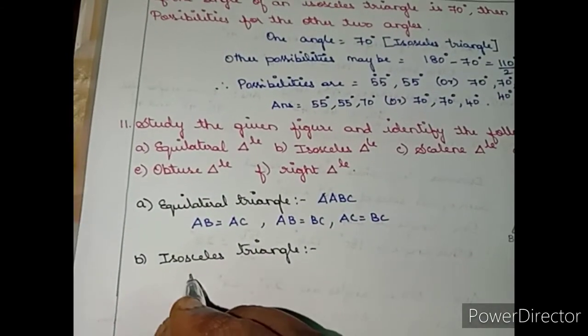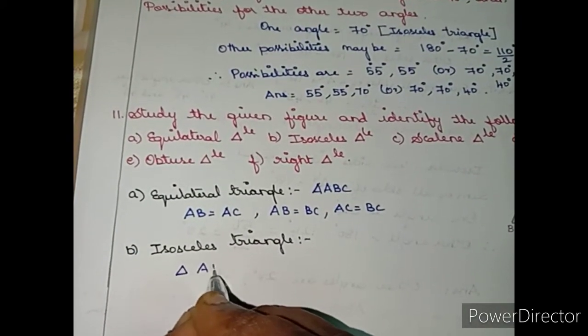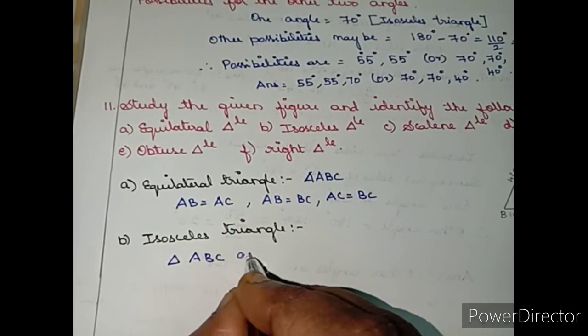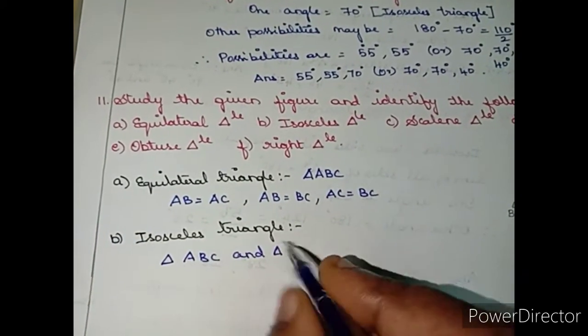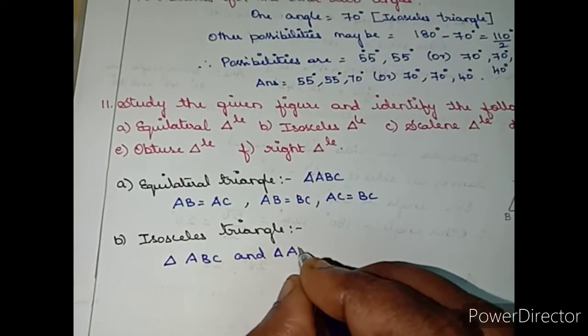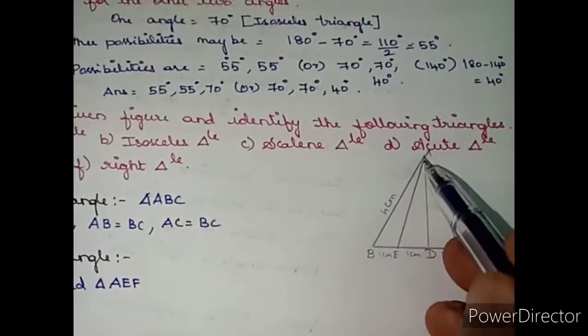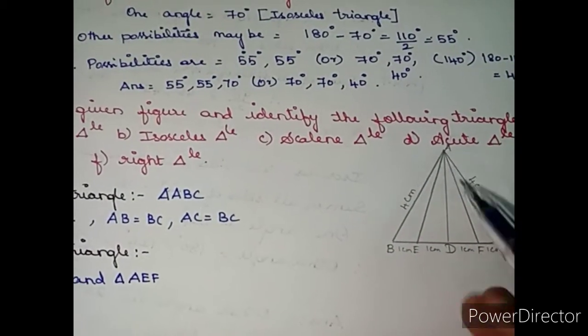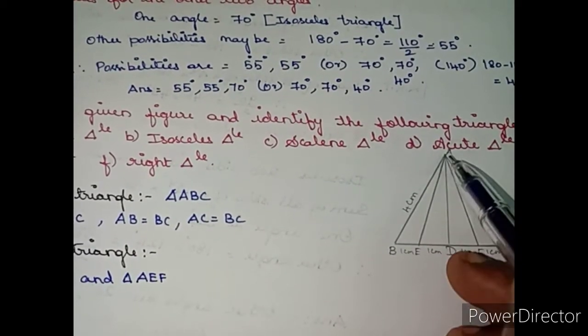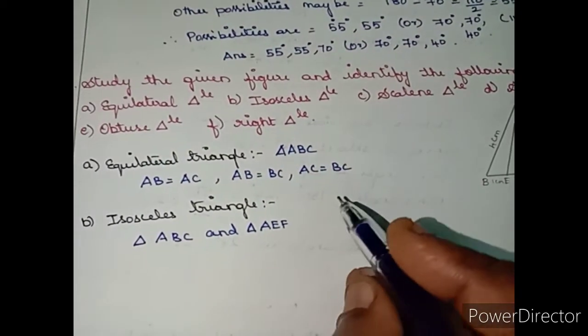So, triangle ABC and triangle AEF. So, triangle ABC, AEF. Okay.